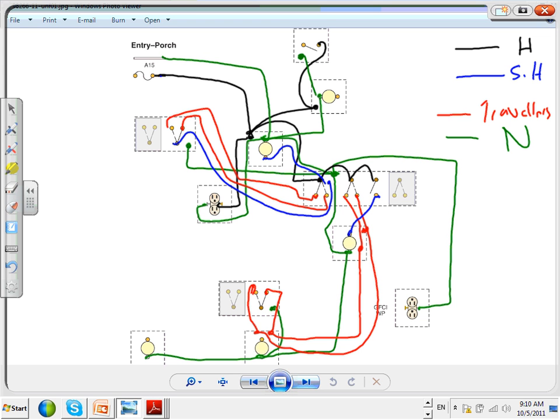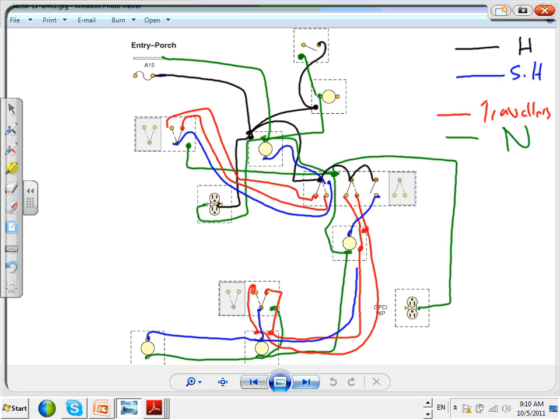Not there yet. How about switched hot here for these lights? Take this. Here's my switched hot. Tie it here. Now I can switch these. Carry it all the way up to. How am I going to switch this? You've already switched that one. No, it should be from a three-way switch.